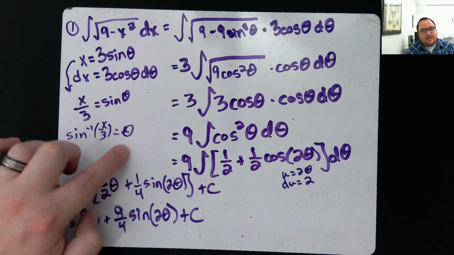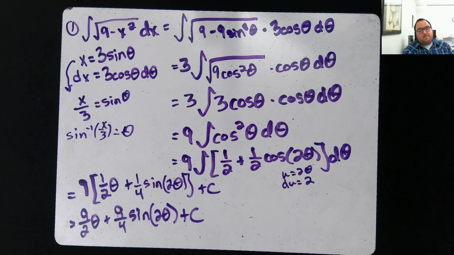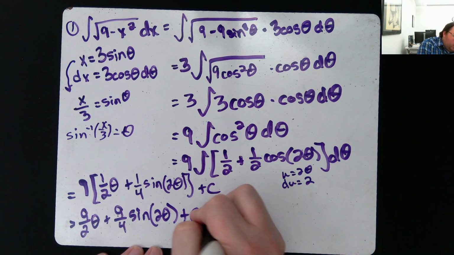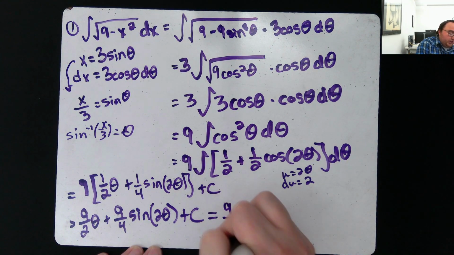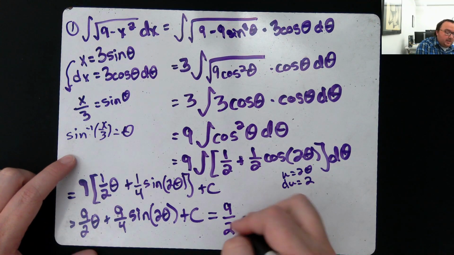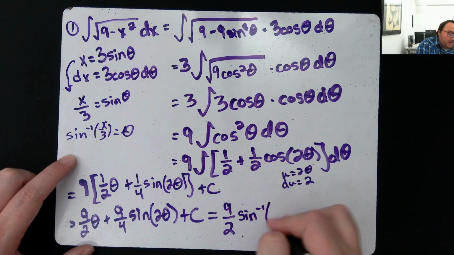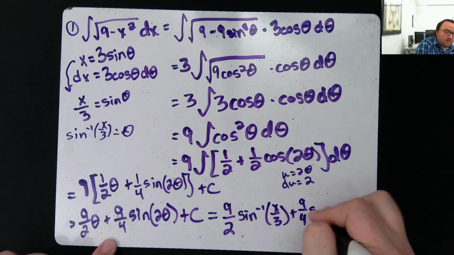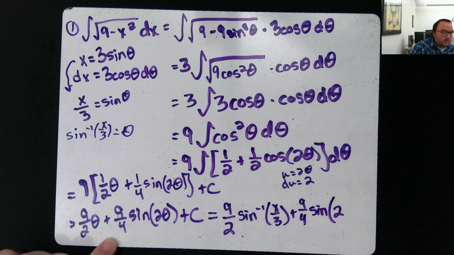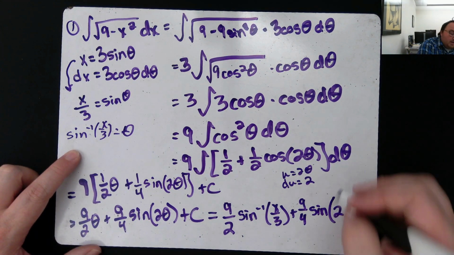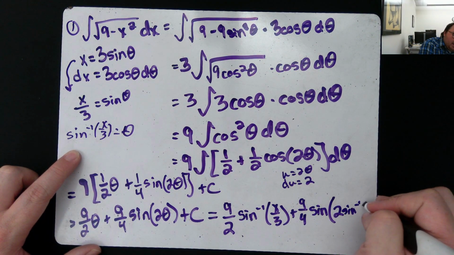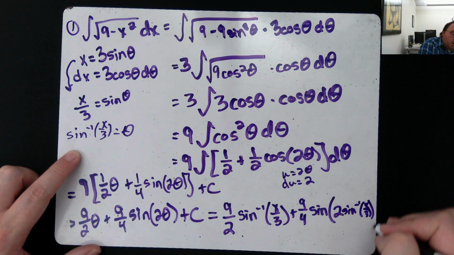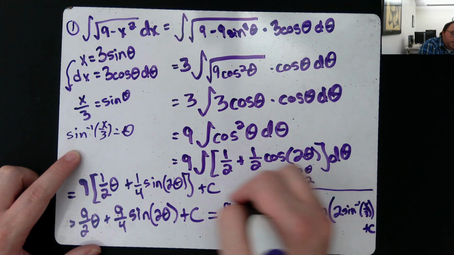So I'm going to plug this in for theta to make it in terms of the x. So this is going to be equal to 9 over 2 theta, which we just said was inverse sine of x over 3, plus 9 over 4 sine of 2 times theta, which is inverse sine x over 3, all that, plus c.